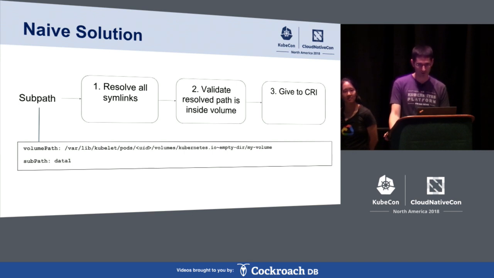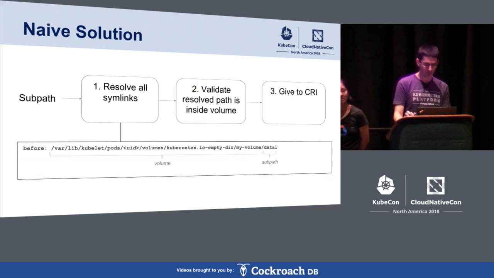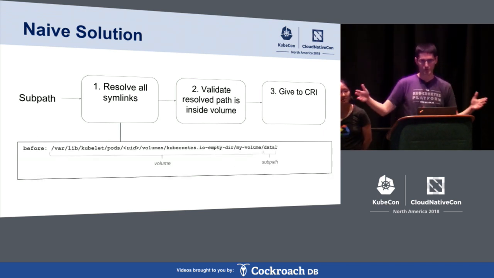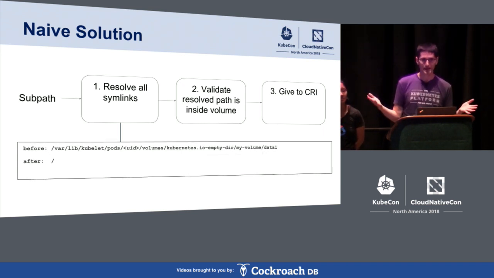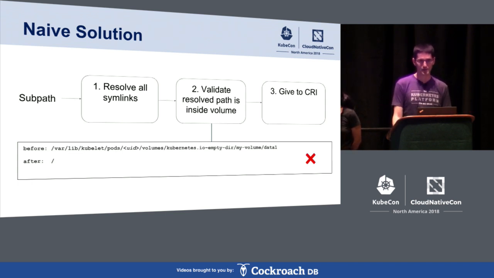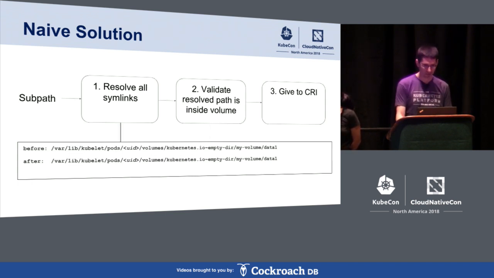So if the user wants volume my volume and subpath data1, we compute the whole path of the volume that the user wants. We resolve symlinks, and if we see that the symlink points somewhere outside of the volume, that means the user is trying to cheat, we refuse such a volume and we won't start the pod.